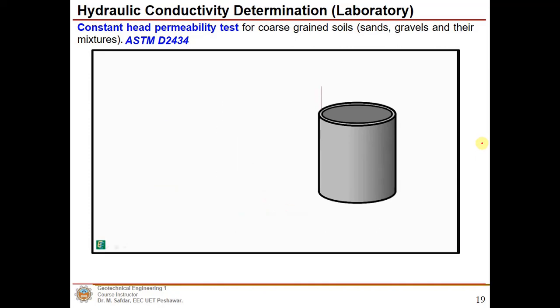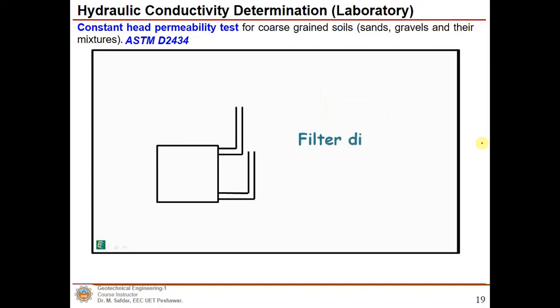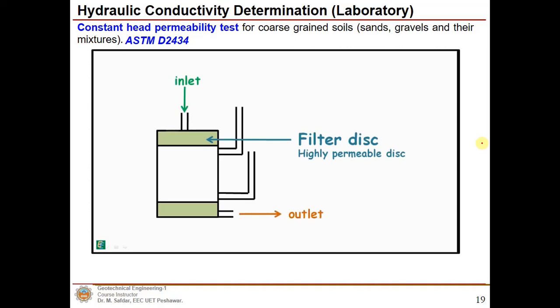First, we measure its internal diameter and determine its internal area, which we say capital A. This mold is attached with two filter discs at the top and the bottom. These discs are porous and highly permeable. These are also provided with inlet and outlet facilities.